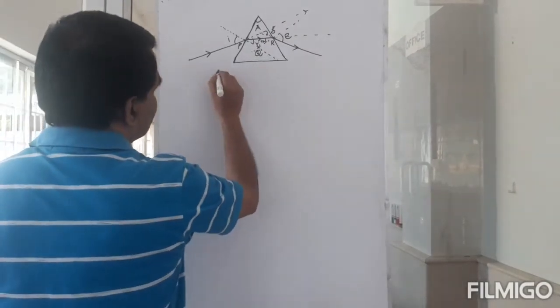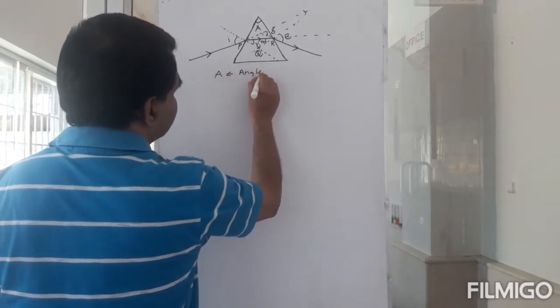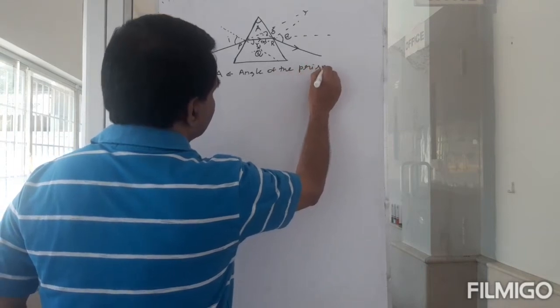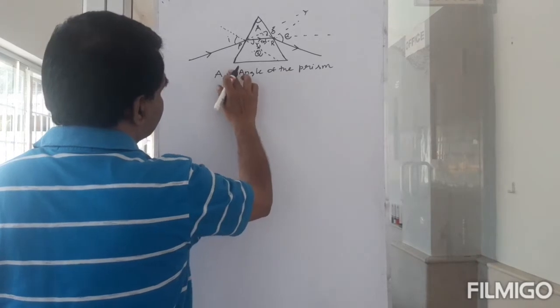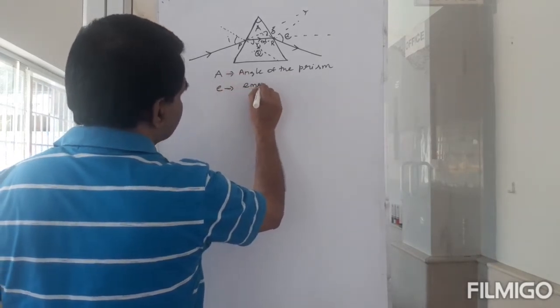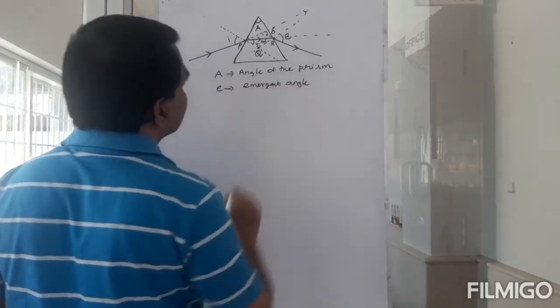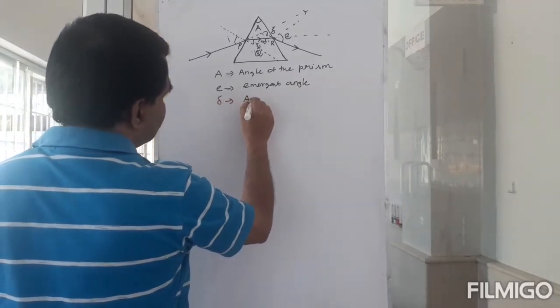Let me just name the angles. A is the angle of the prism. E was the emergent angle. And delta is the angle of deviation.